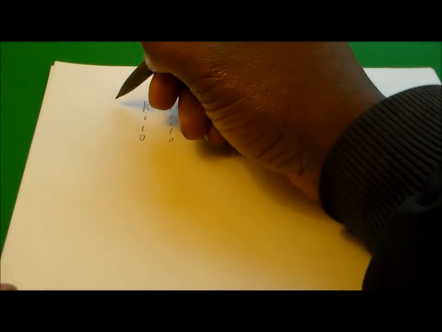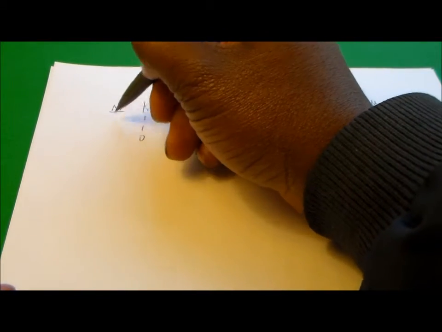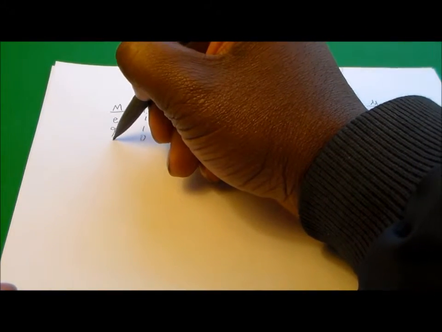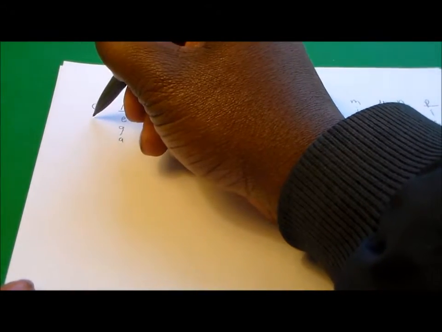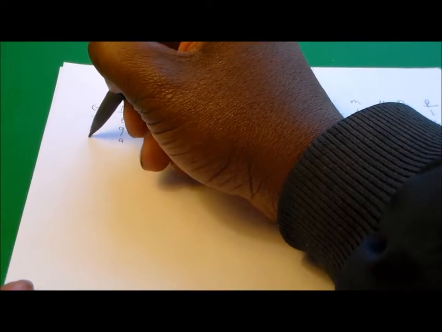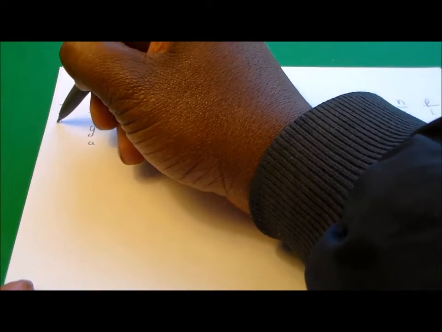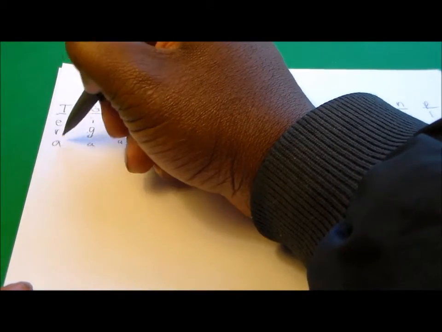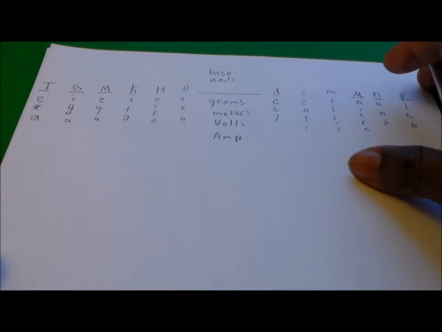In some cases, according to what environment you're working in, you may also encounter mega, giga, and I'm underlining these also, and tera. Again, I'll come back to those in a little bit.